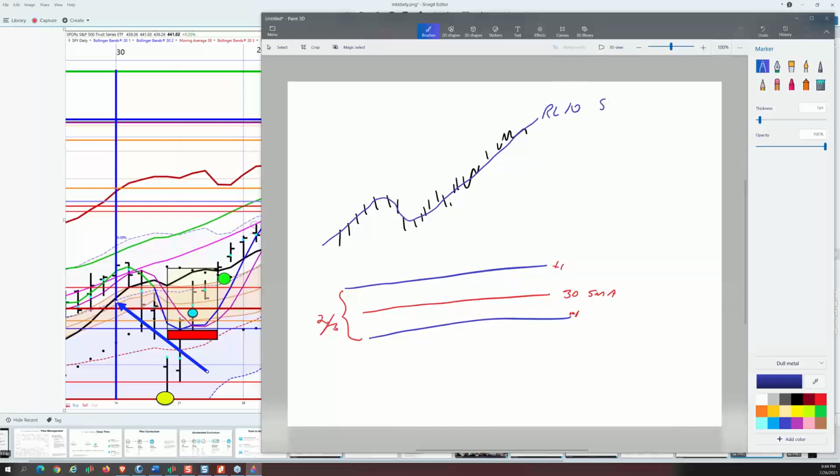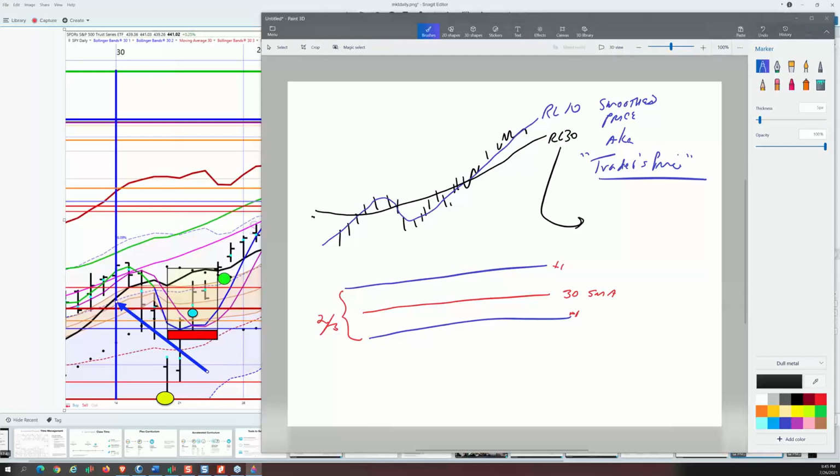We call that the smoothed price, also known as the trader's price. And then the RL30 is an even smoother version of that, and the RL30 is the health of the trend.